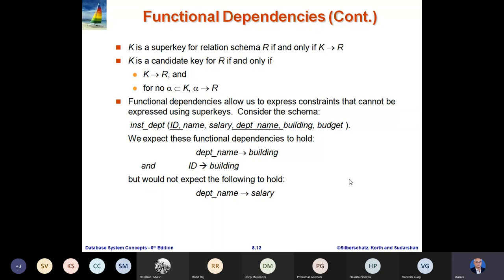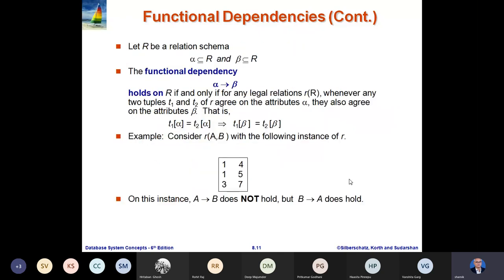Yeah, absolutely correct. So now you can follow what I'm saying, right? You see that this is very general. You can have some set alpha on the left and some set beta on the right, and alpha to beta is the functional dependency. That is what we wrote here.